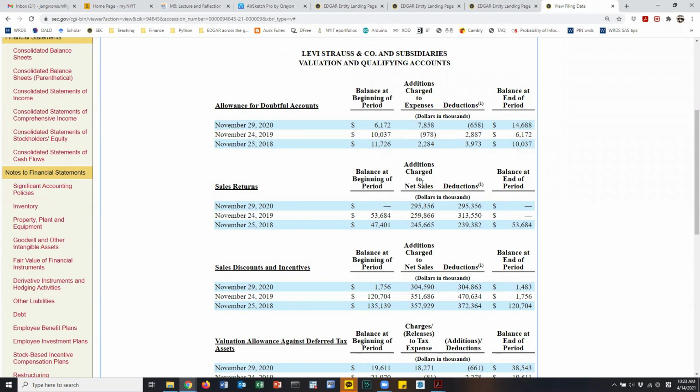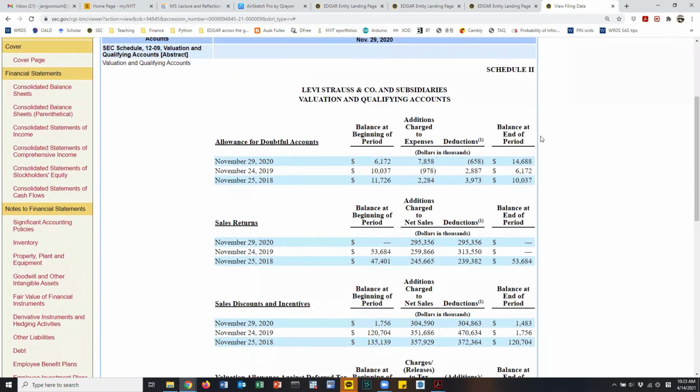Charges and deductions are the same during the last year, and the beginning balance was 0. So it appears that they cleared up all of the sales returns. Right, cool. So you are seeing the changes in the sales returns and the discounts in detail.